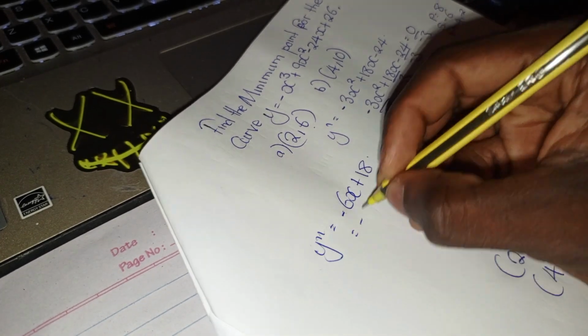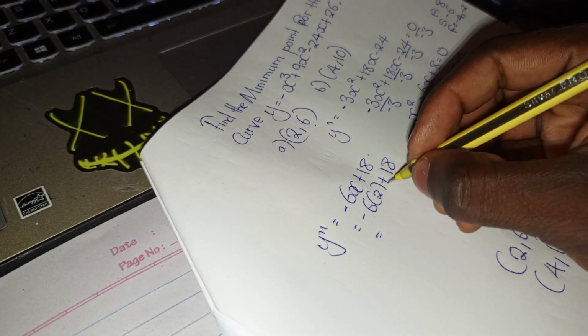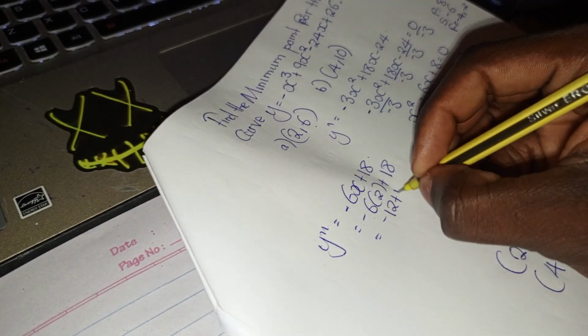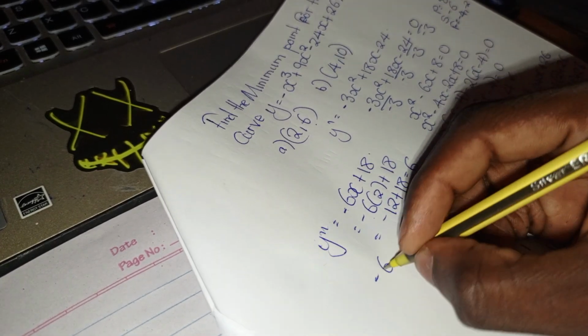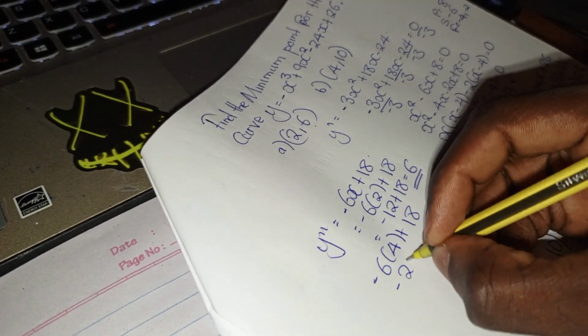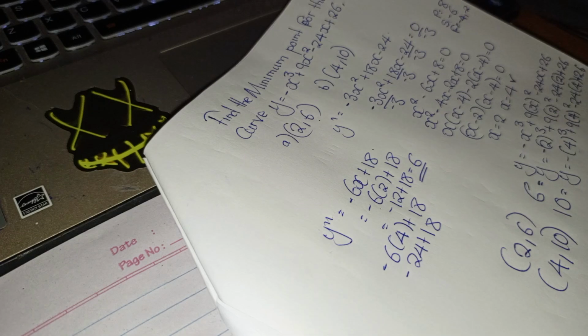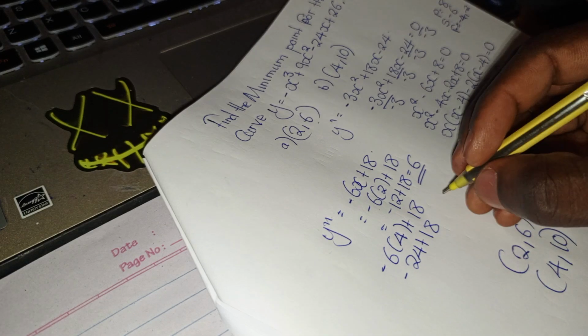At first we had 2, which is giving you -12 plus 18, which is giving you 6. And if you replace with that 4, it is giving you -24 plus 18. So -24 plus 18, in this case, it is -6.